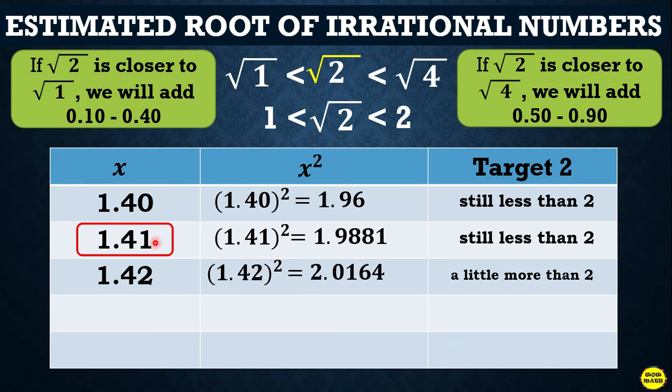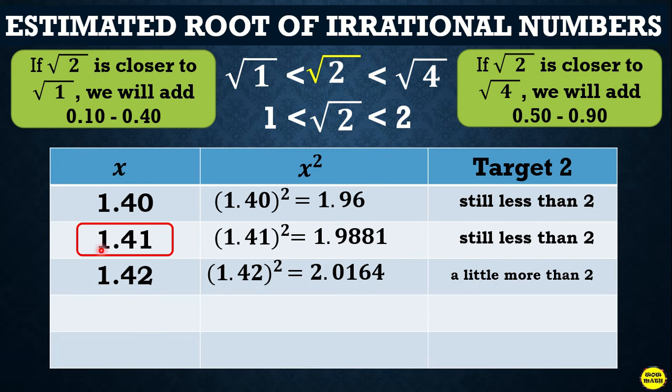Okay po. So, ganun po ang gagawin. Tumaas na siya, ang target lang natin is 2. So, balik tayo dito. Ngayon, ang gagawin natin, from 1.41, magdadagdag naman tayo dito nung pang thousands place. So, ones, tens, hundreds, thousands.